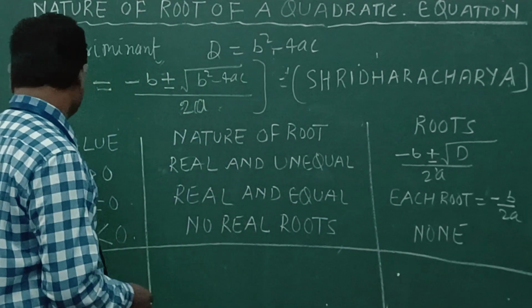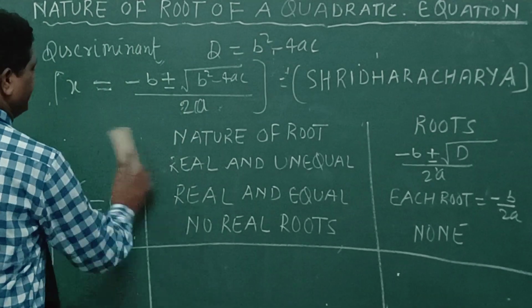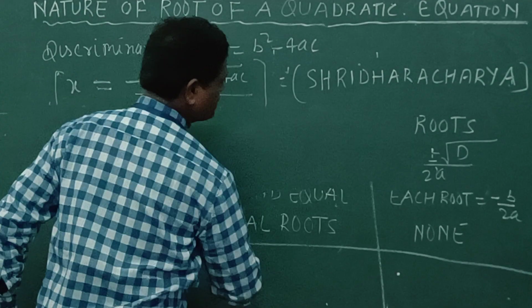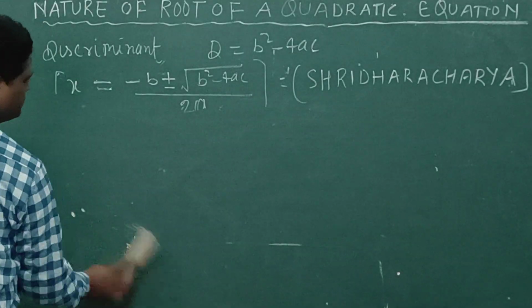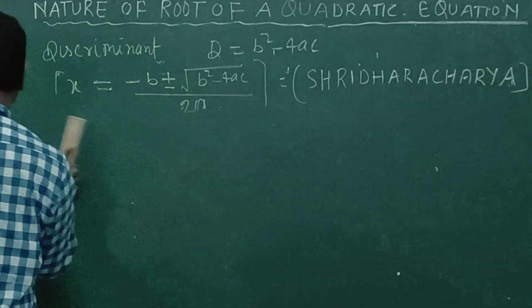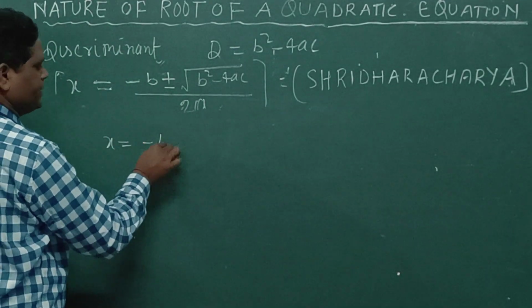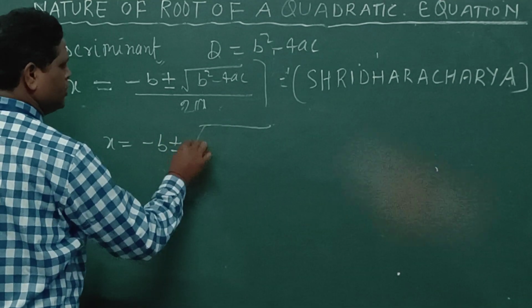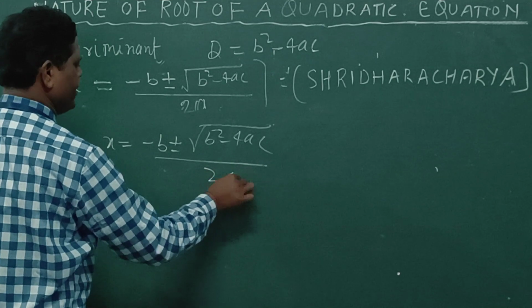Next question, I am telling you. Suppose questions are given here. x equal minus b plus minus root b square minus 4ac by 2a.